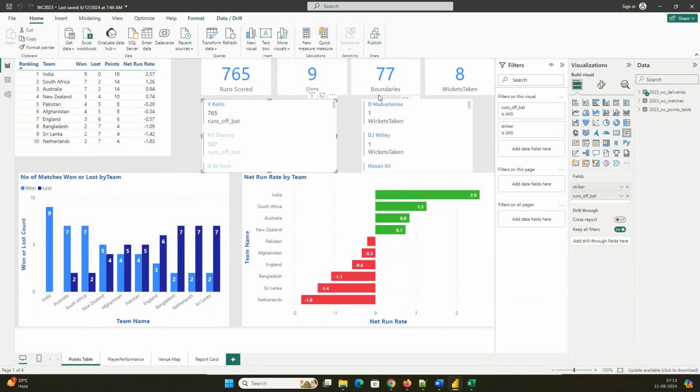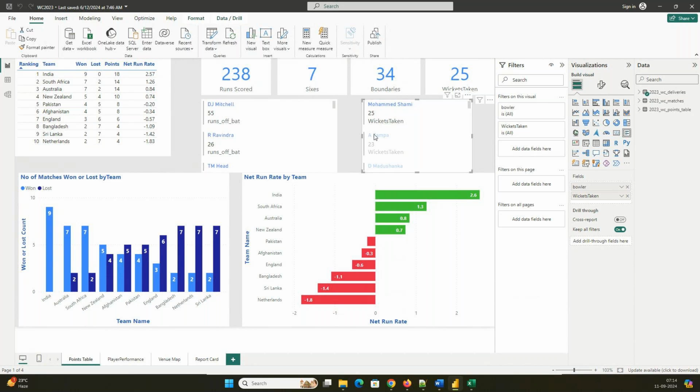But if you click on Rohit, he has scored 31 sixes, 97 boundaries, and he was dismissed 11 times by these bowlers. Similarly, if you click on Mohammad Shami, he has dismissed these batsmen. He has given away 238 runs in the entire tournament, 7 sixes, and he has taken 25 wickets.